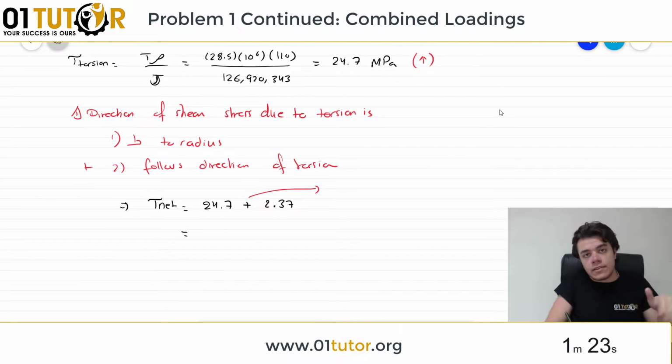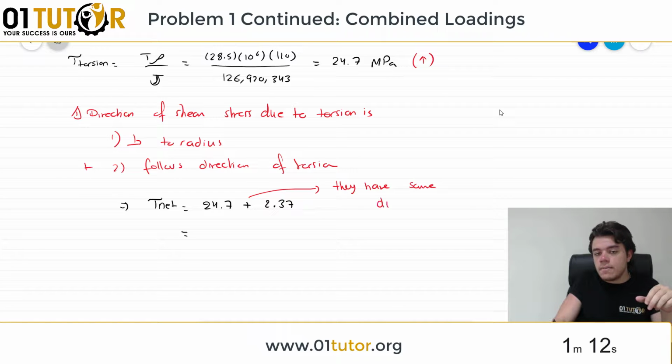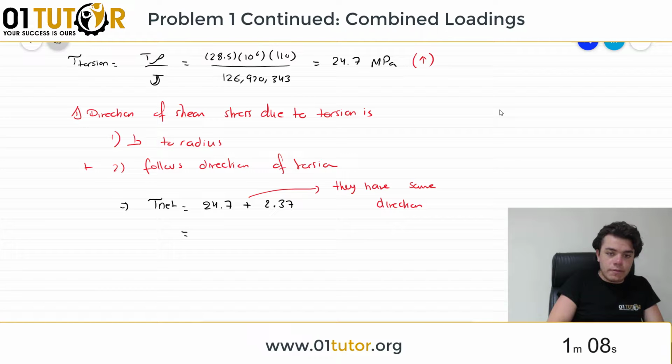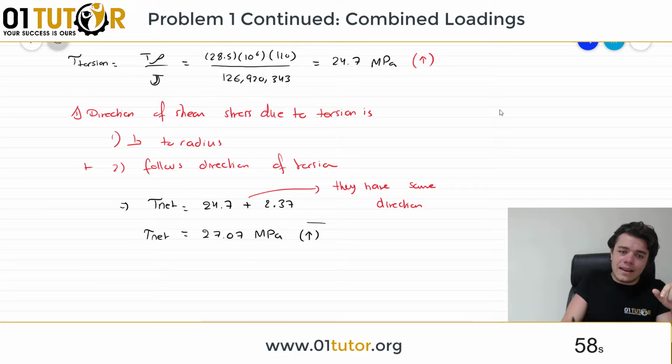It's not always the case where I add the shear stress due to the torsion and the shear stress due to the force, but I add them in this case because they have the same direction. Both are directed upwards. So you're gonna have 24.7 plus 2.37, and you're gonna end up with 27.07 megapascal directed upwards. Alright, directed upwards.